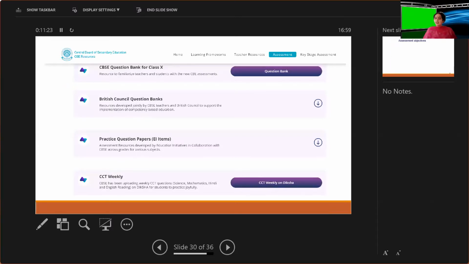Now, when you visit the CBSE website, you will see a question bank for class 10 in the CBE resources. When you click on the assessment tab, I have put a screenshot here.